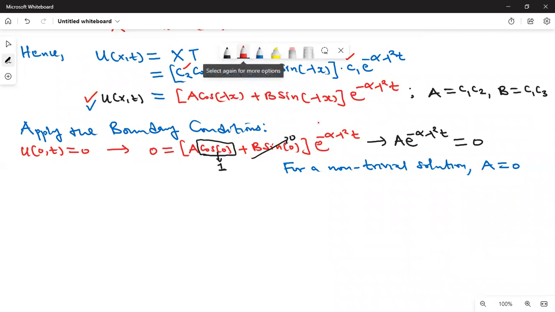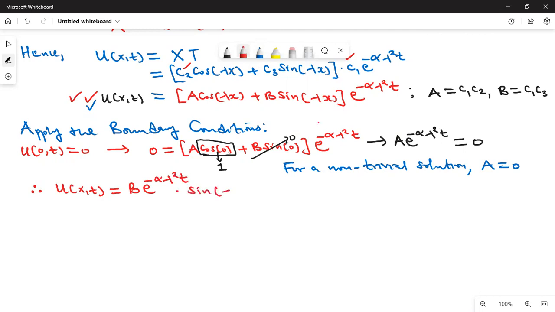So therefore, when you put a equals 0 in this equation, we are going to get u of x,t is equal to b exponential negative alpha lambda squared t times sine lambda x.